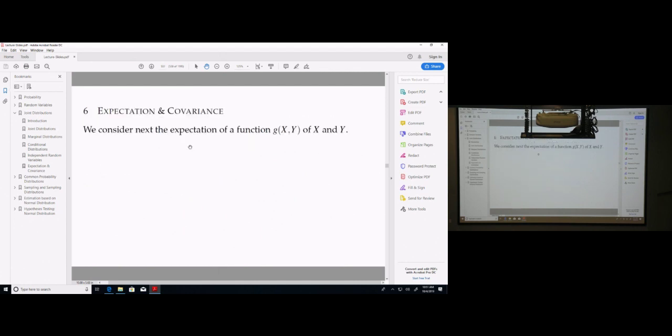We wanted to, the expectation will be very similar to what we have done in one dimension. If you have two random variables, then you will need their joint probability mass function if both of them are discrete, or their joint probability density function if both of them are continuous.